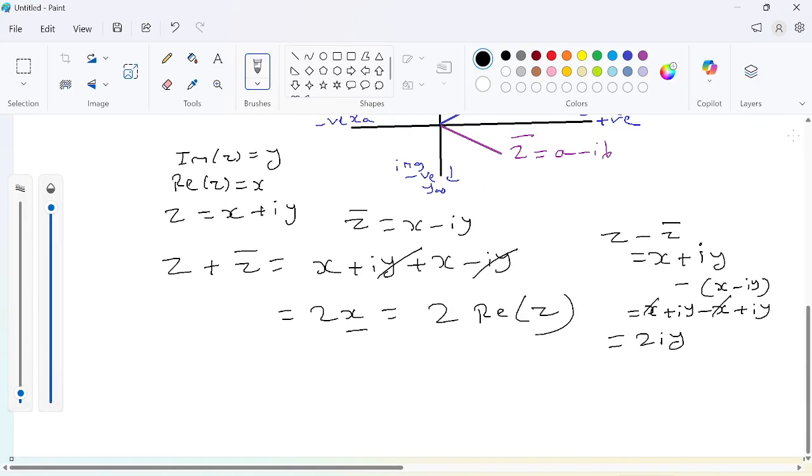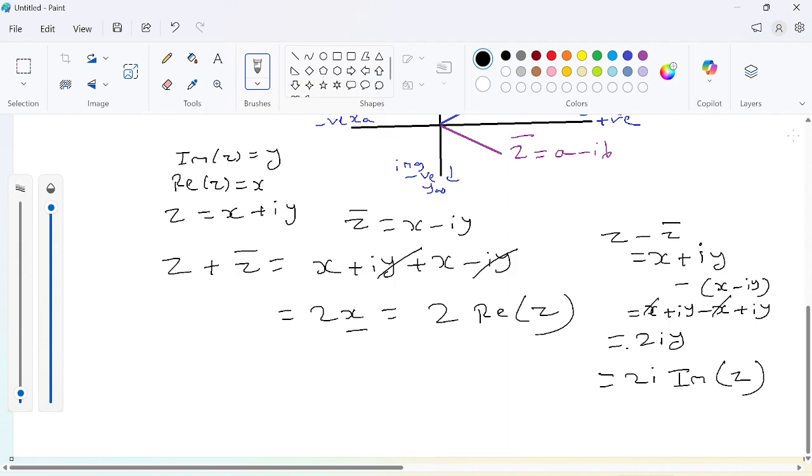What is 2iy? It is nothing but 2y, that is 2 times the imaginary part of z, since y is the imaginary part of z.